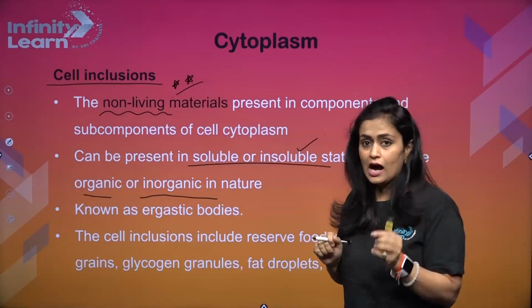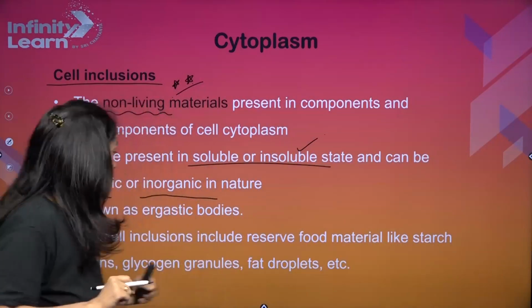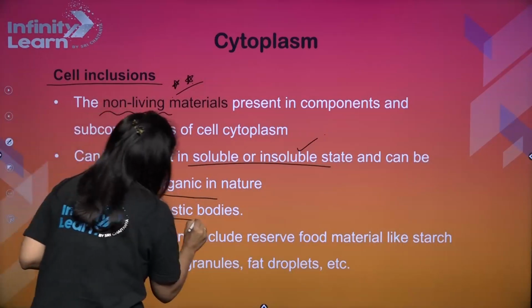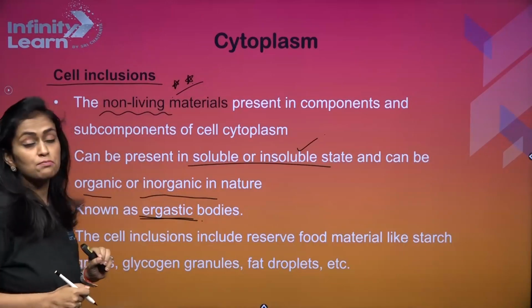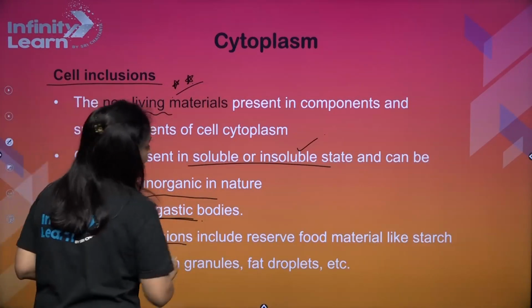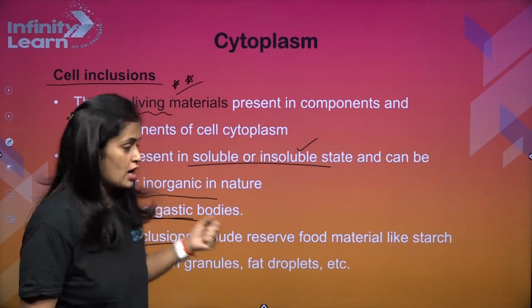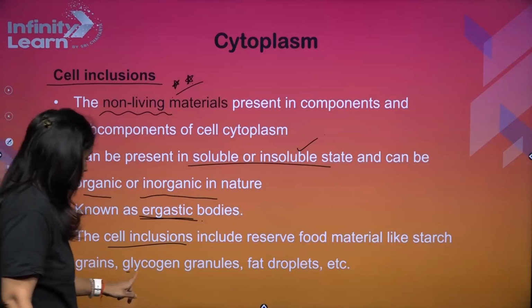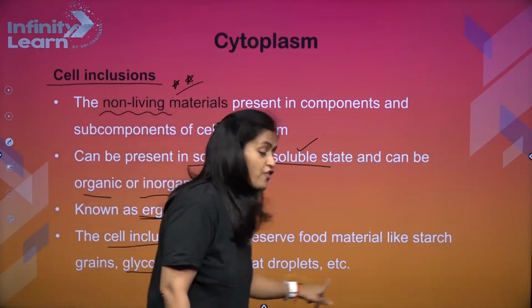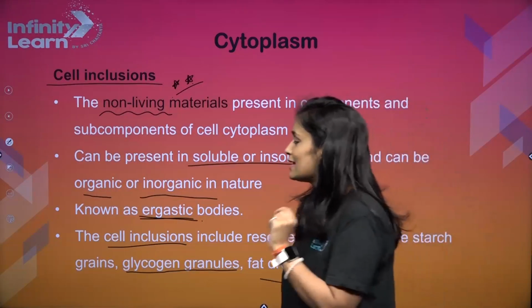They are also known as ergastic bodies, E-R-G-A-S-T-I-C. And these ergastic bodies are nothing but reserve food material like starch granules, glycogen granules, fat droplets, etc. So they make up the cell inclusions.